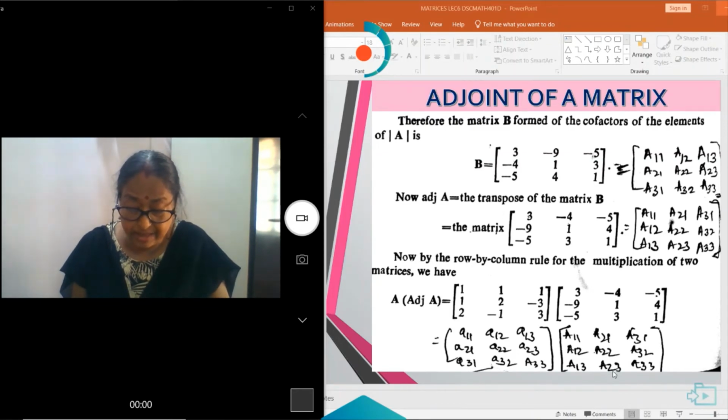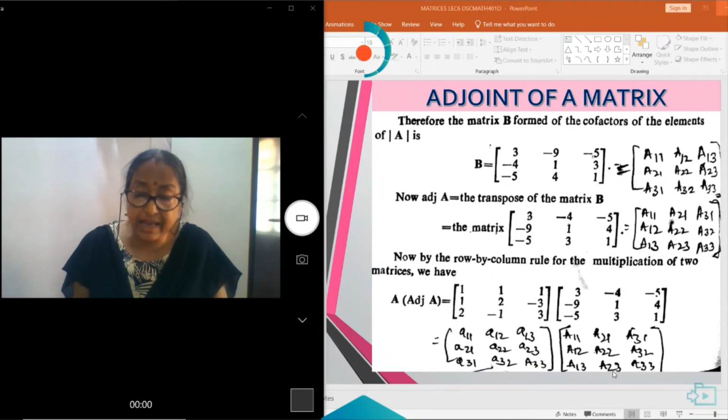Again, I am saying this gives the value 0. Here, small aik is equal to capital Ajk, where i is not equal to j. Here i is 1 and here i is 1.